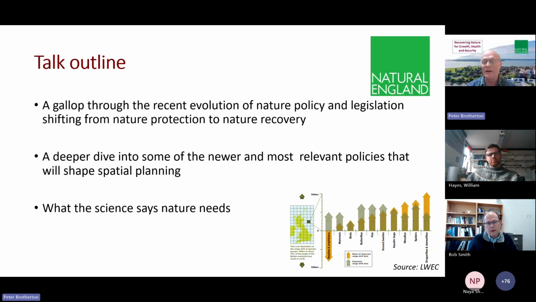And being cognizant of what others expect of that space is really key, because although I think between 70 and 80% of people say that they care about nature and would like more nature, what politicians are yet to be convinced of is that people vote because of their care for nature. And so all these other factors will remain really important drivers of decisions.